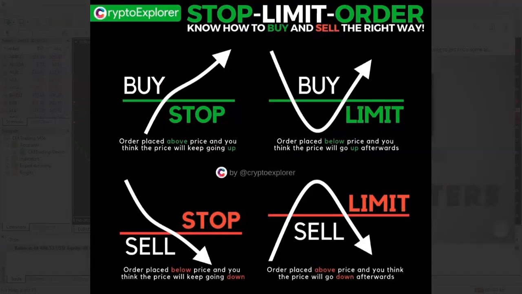So what you need to understand about this is: buy stop means you expect the price to keep buying until a certain point, then the currency will continue buying. Sell stop, the currency keeps selling until a certain point, then we expect further sells.